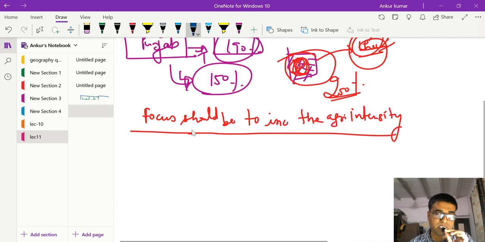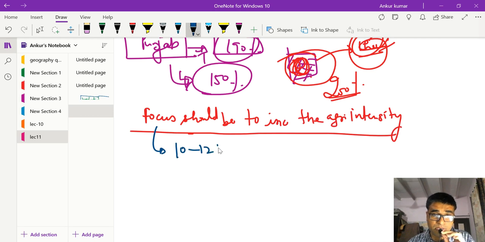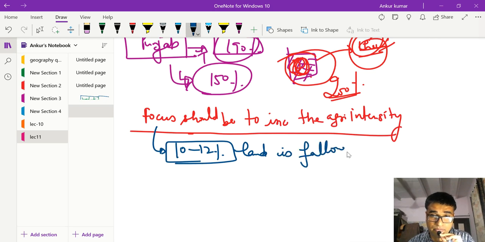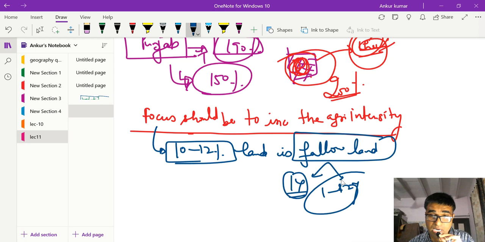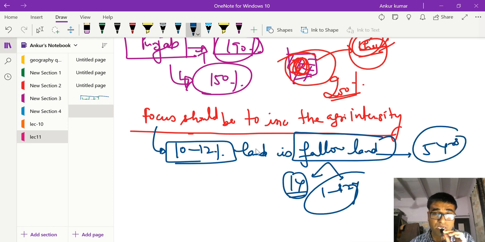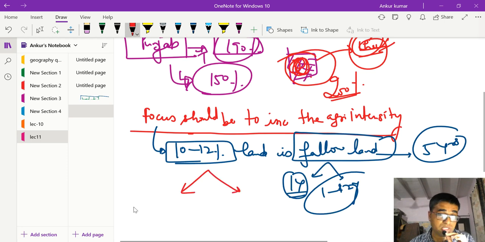Number one, close to 10 to 12% of India's land is fallow land, the land which is sometimes left without cultivation for 1 year, sometimes for 1 to 2 years, sometimes even for 5 years. So this kind of land, when not cultivated, has two problems.